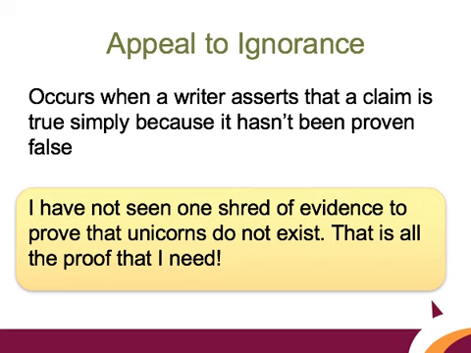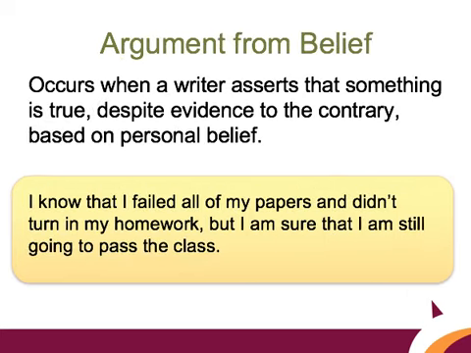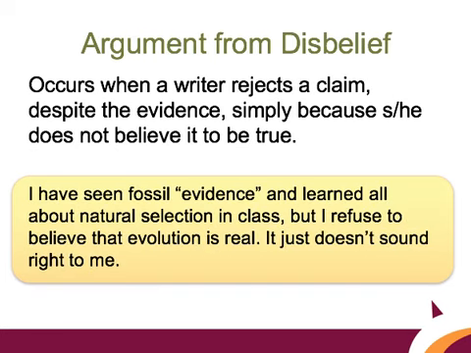Obviously that doesn't hold, right? Argument from belief: when the writer claims that something is true despite evidence to the contrary, basically because they believe it. Argument from disbelief occurs when a writer rejects a claim despite the evidence simply because he or she doesn't believe it is true.